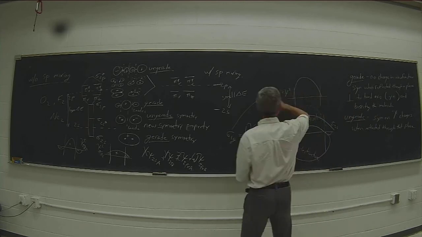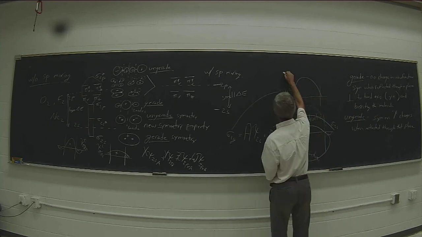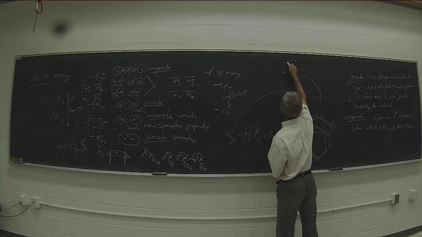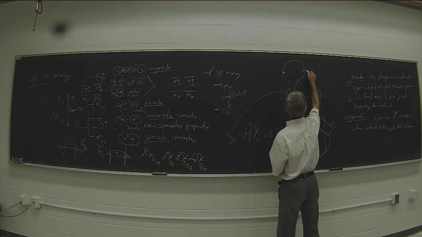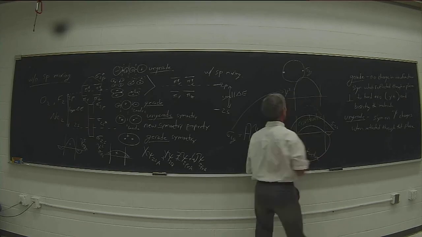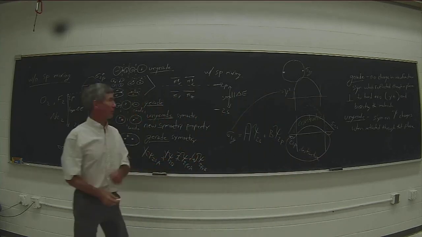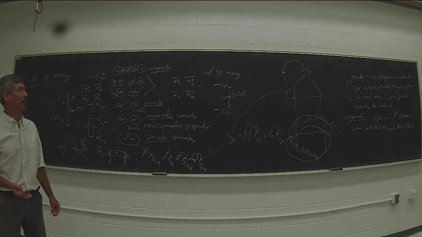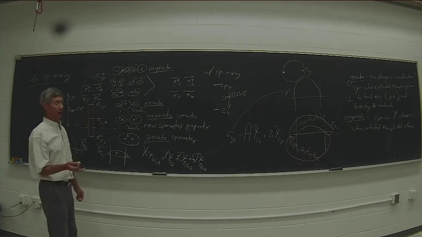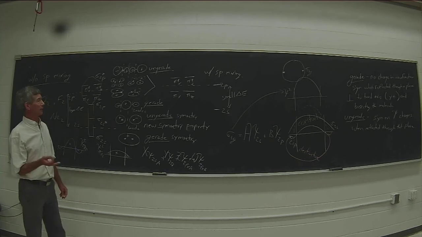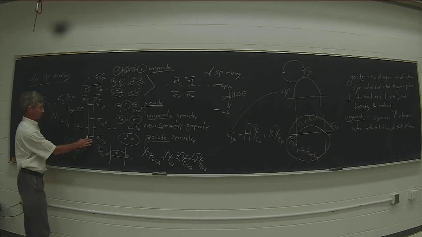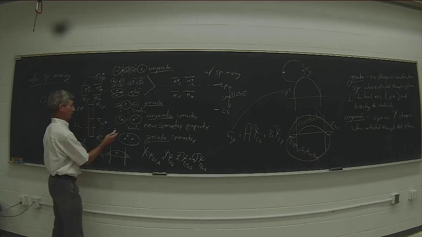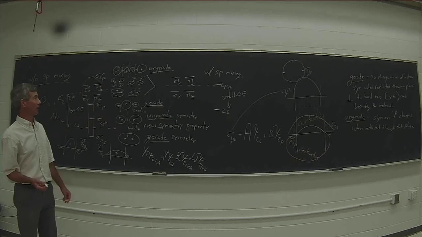Which means that when I sweep that around in the third dimension, right, I'm going to end up with an orbital that has a much greater probability of finding the electron density between the nuclei and a smaller probability of finding the electron density outside. That's going to make it a better bonding orbital. It's going to lower in energy relative to the original sigma 2s orbital, because the more electron density between the nuclei, the more strongly bonding it is.